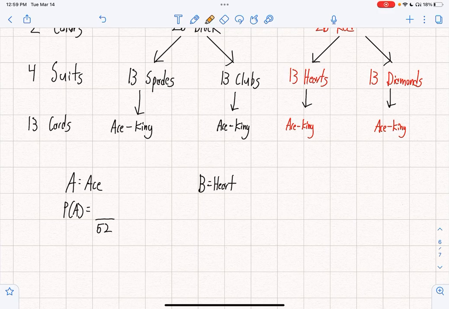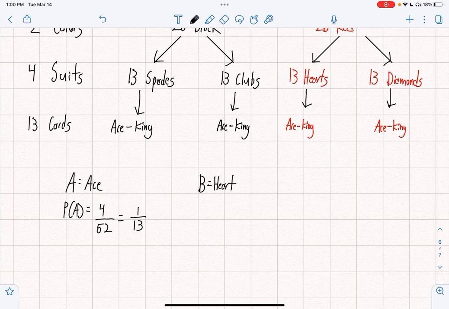There is one ace of spades, one ace of clubs, one ace of hearts, and one ace of diamonds. There's one ace for every suit. There are four suits, therefore there are four aces. So we have 4 out of 52, and this would simplify to 1 out of 13.